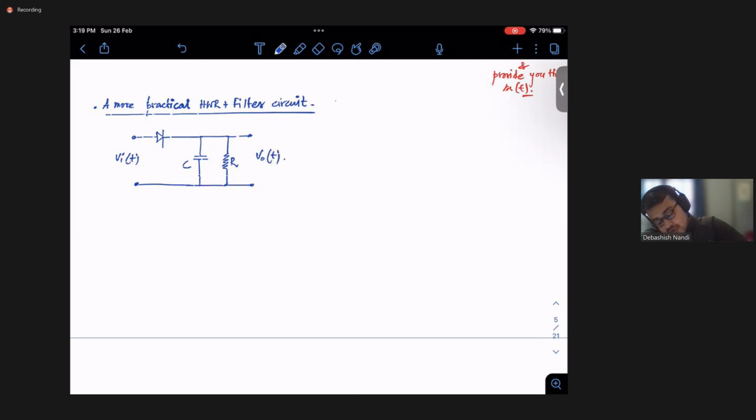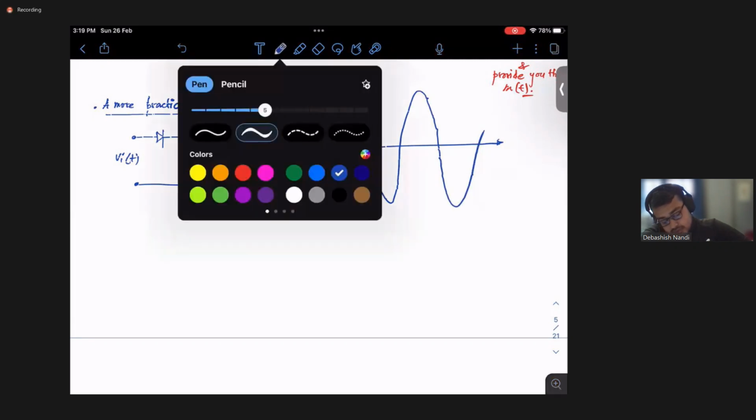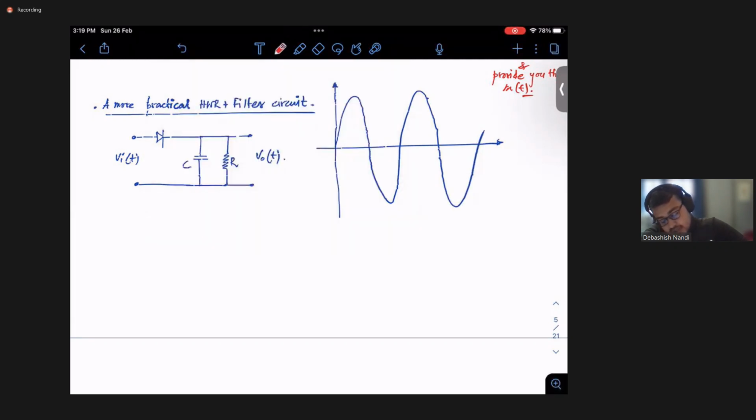In this case, how will my waveform look? Let's say this is your input signal, and this is your output, right? When it is getting charged for the first time, it reaches the peak value Vm, and after that what happens?